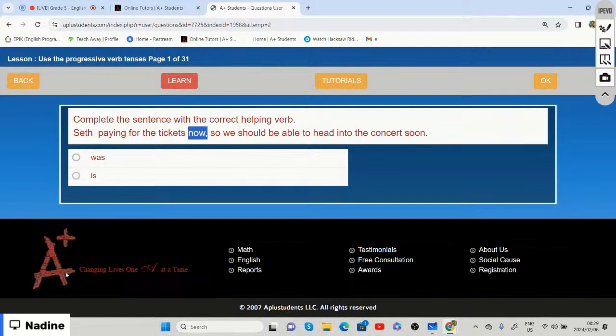So we will say Seth. We say Seth was paying for tickets now, or Seth is paying for tickets now. So we should be able to head into the concert soon. Do we use the helping verb was, which shows the past tense, or is, which shows the present tense?